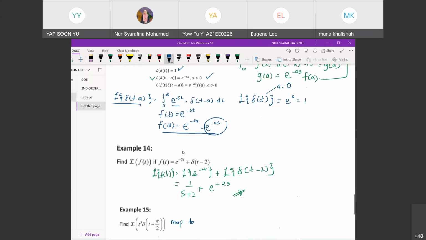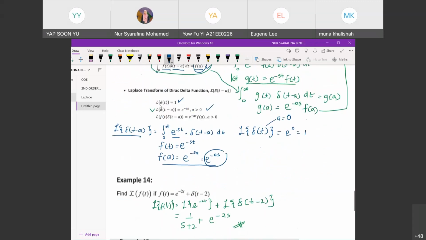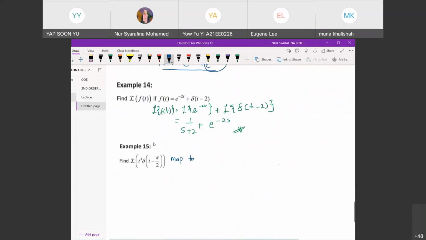In the Dirac delta function, we have only these three: delta(t) alone, delta(t minus a), and the combination of f(t) and delta(t minus a). So now this is mapped to f(t) delta(t minus a), which will give you e to the power of negative as f(a).